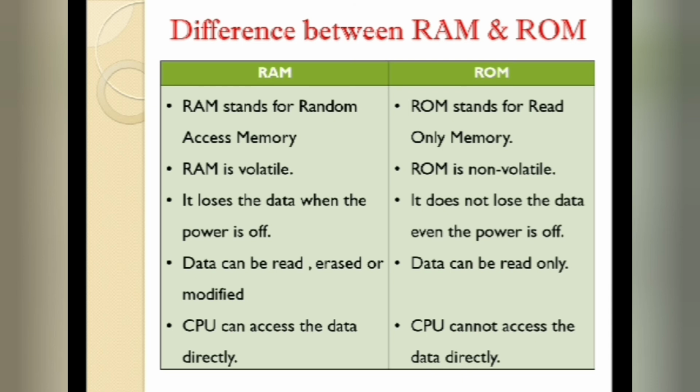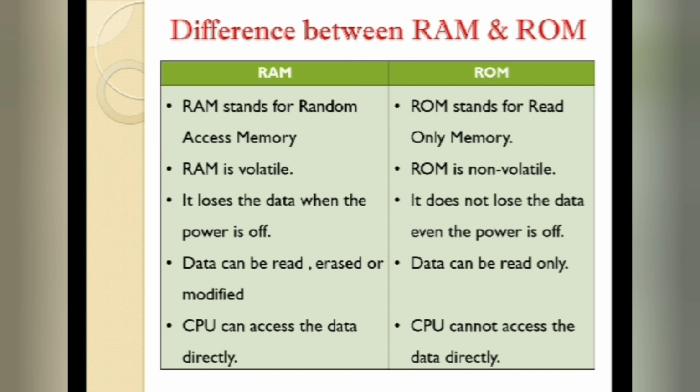In RAM, data can be read, erased or modified. We can read the data, we can erase the data, and also we can modify the data in RAM. But in ROM, we can read the data only. We cannot write and we cannot do any modifications on it.